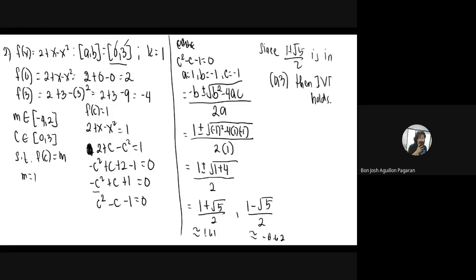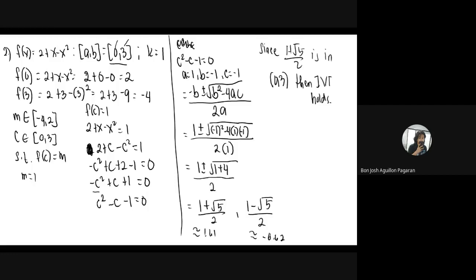From Miko: okay lang po ba kahit isa lang po ang nasa interval? You mean, Miko, yung C, isa lang ang makukuha na sagot? O isa lang yung magsasatisfy sa IVT? Okay, yes, okay lamang yon. But there are instances na wala talagang magsasatisfy dyan.